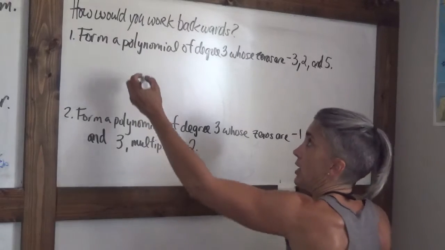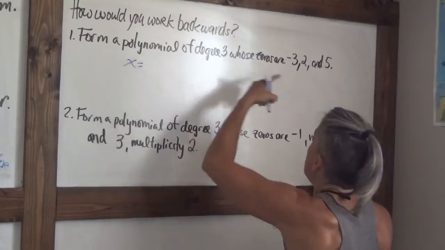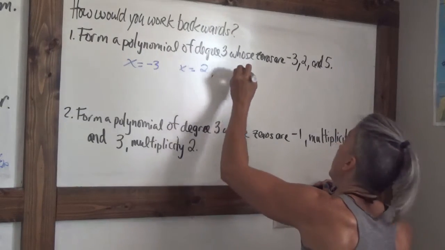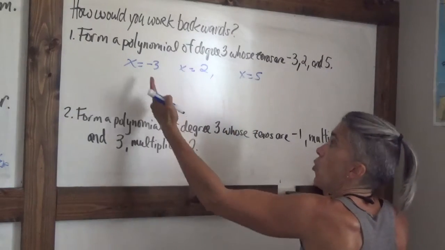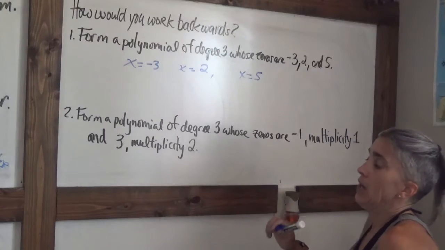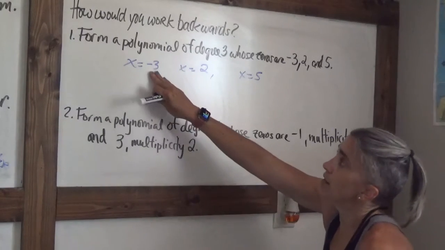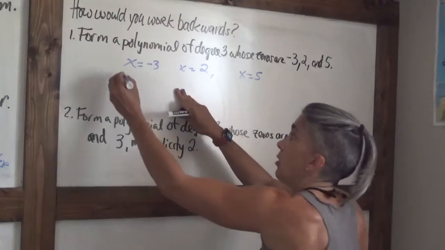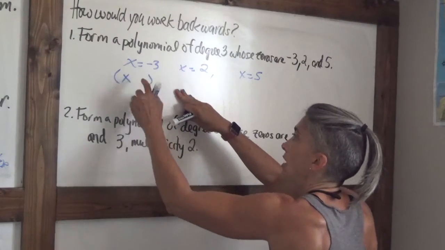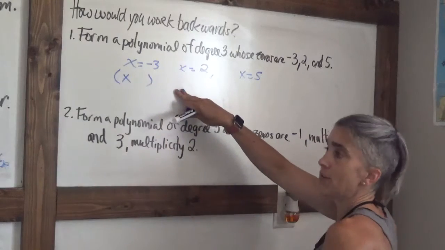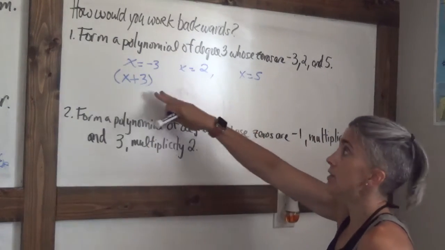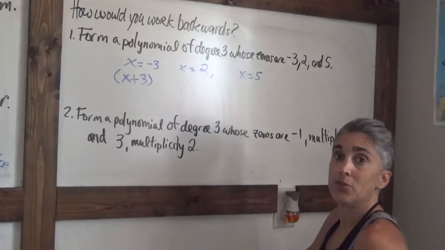That means my x's, my zeros, would be negative 3, positive 2, and 5. What would have been the equation before I solve this to get negative 3? I want you to think about it. It would have been x plus 3, right? Because when I solve this and make it equal to 0, I would get negative 3.